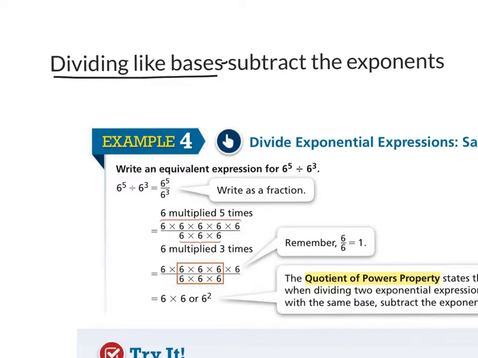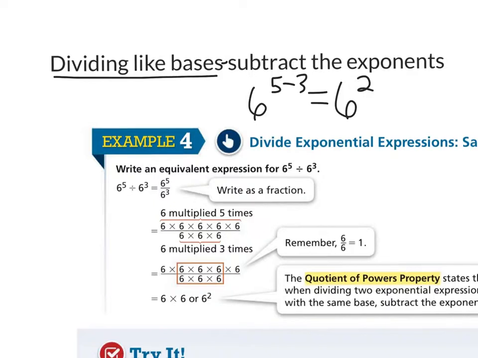We had 5 factors in the numerator, 3 in the denominator. 3 of them are going to cancel out. So like on that problem, instead of doing what the book did, we could say 6 to the 5 minus 3, subtract those exponents, and that would be 6 to the 2nd power.